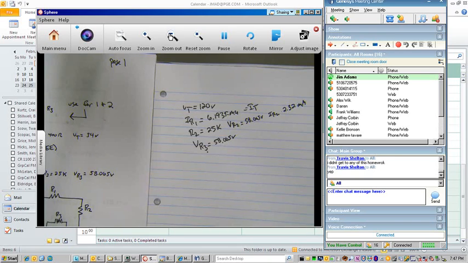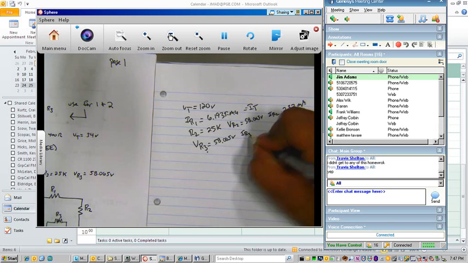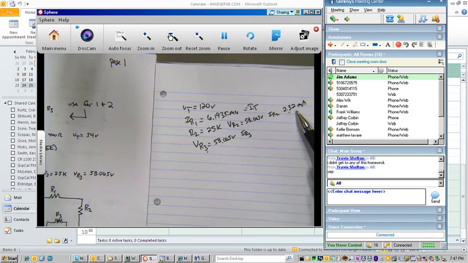So if the current through R2 is 2.32 milliamps, and our total current is 6.1935, then the current through R3 will be the 6.19 minus the 2.32, right? Yeah. Okay, so we can add that up. So 2.32 enter 6.1935.